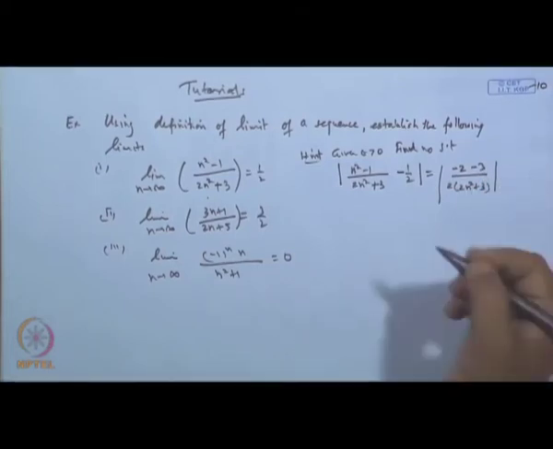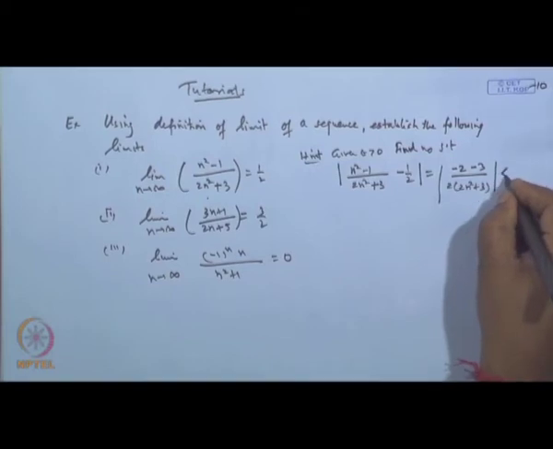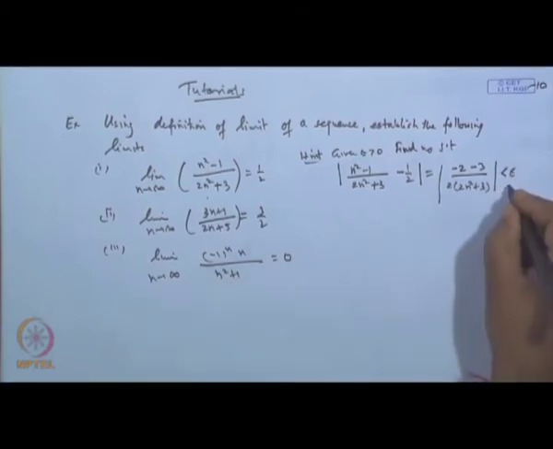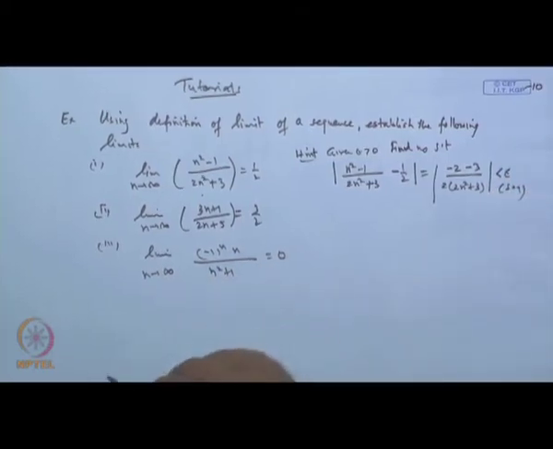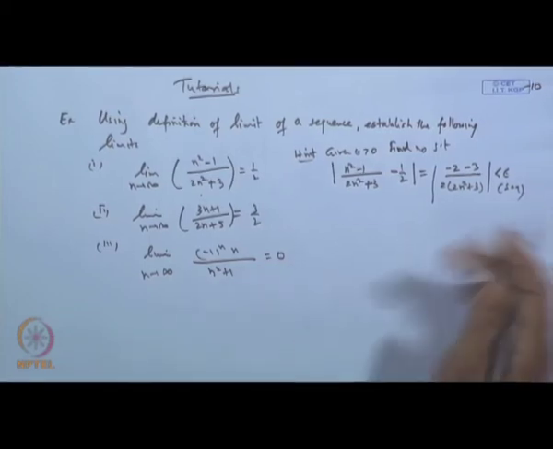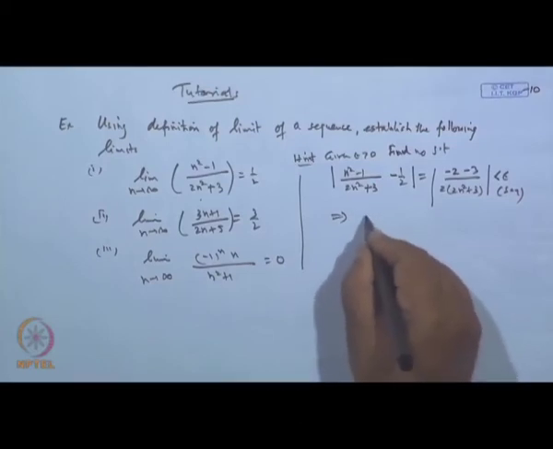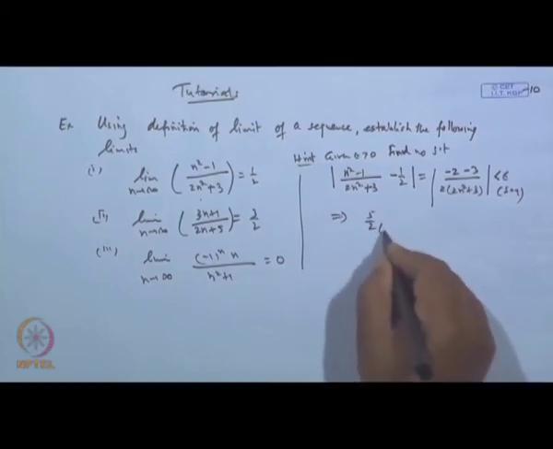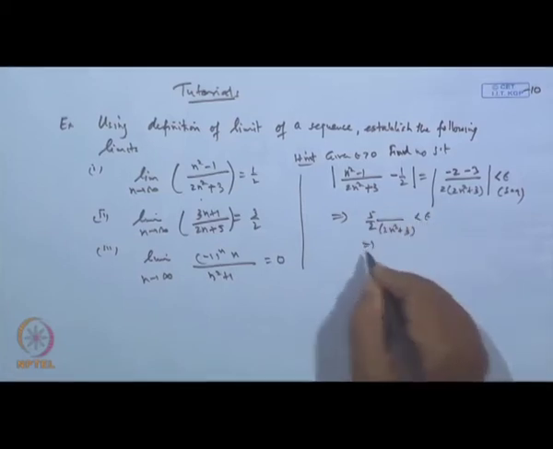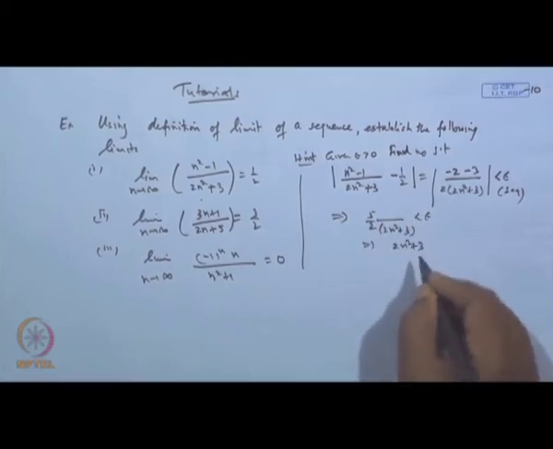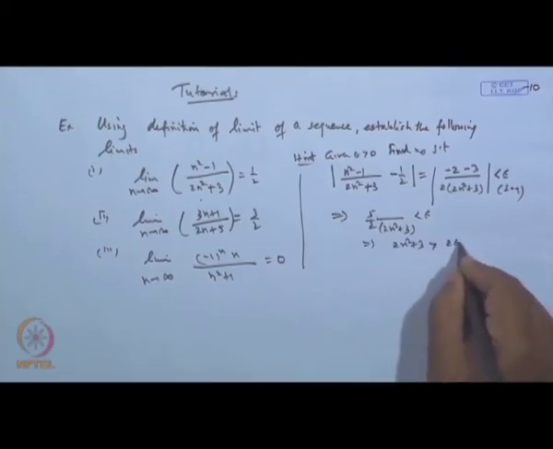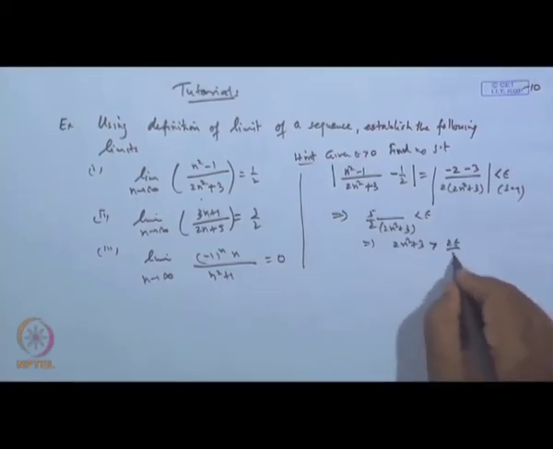We want this to be less than epsilon. So, this gives 5 by 2 over 2 n square plus 3 is less than epsilon, that is 2 n square plus 3 is greater than 2 epsilon over 5.